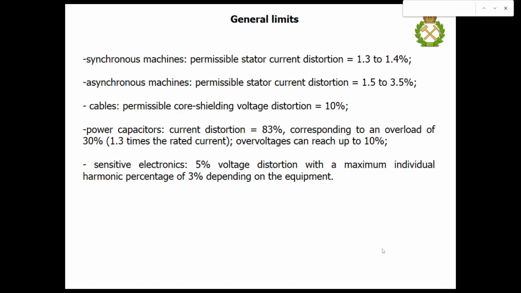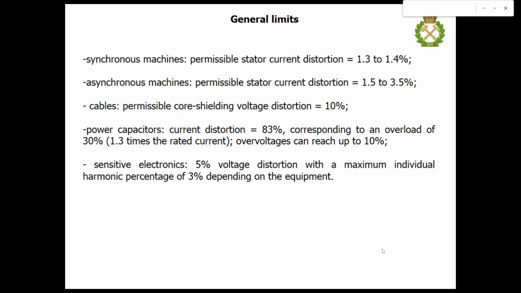For example, for synchronous machines, permissible stator current distortions should be in the range from 1.1 to 3 to 4%. For asynchronous machines, the similar distortions should be in the range of 5 to 30%. For cables, such permissible core shielding voltage distortions should be equal to 10%.